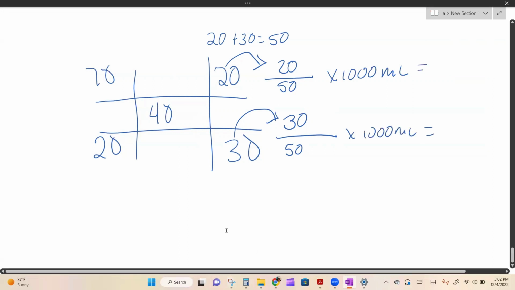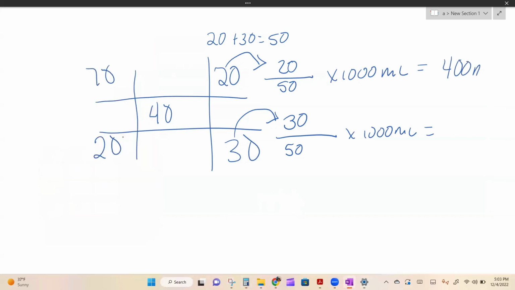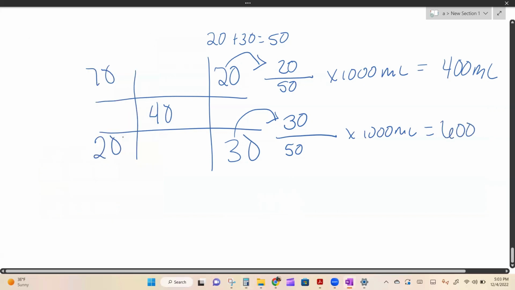All right, so now we can do our math. The first one is going to be 20 divided by 50 times 1000, which gives me 400 ml. The second one is 30 divided by 50 times 1000, which gives me 600 ml. These are nice because you can check your answer.